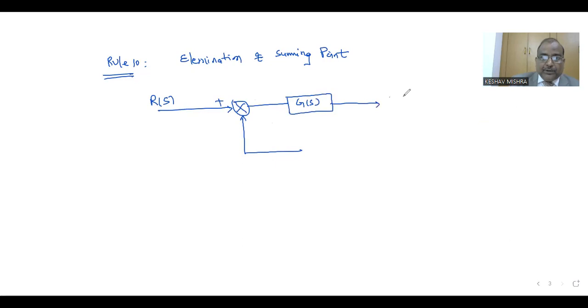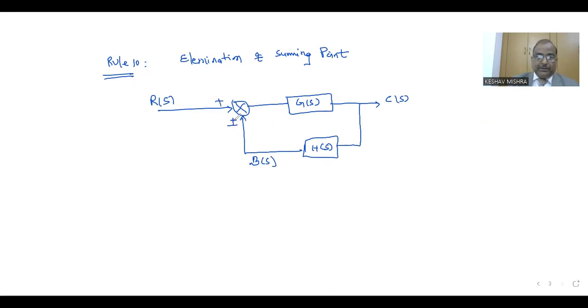This is the output CS. This is the feedback part with transfer function HS. The output of this is BS.